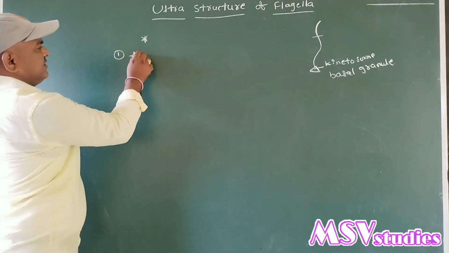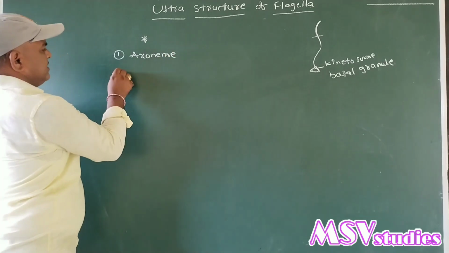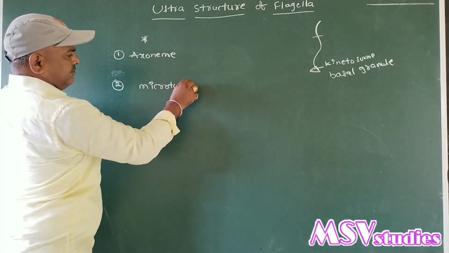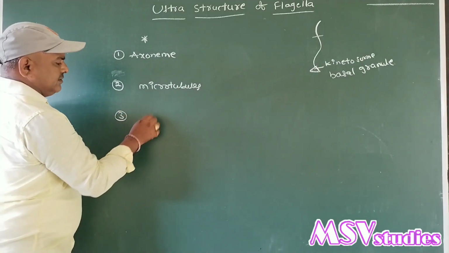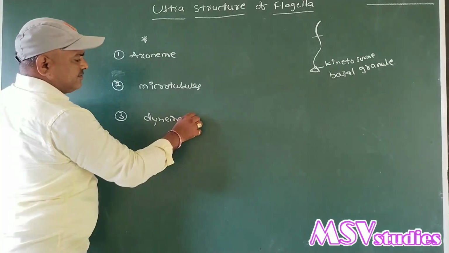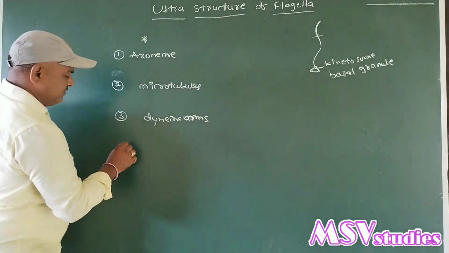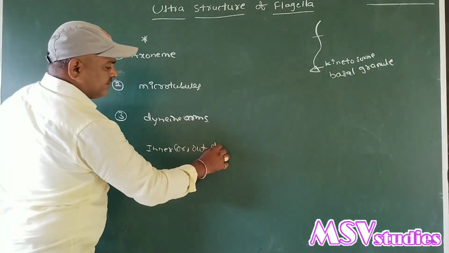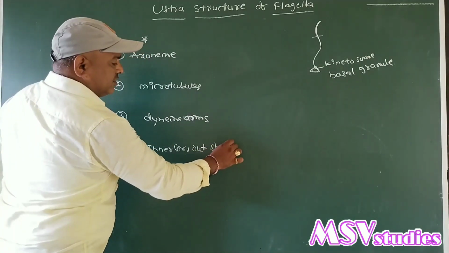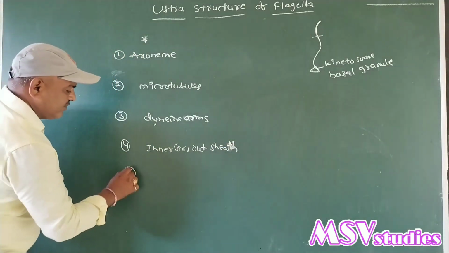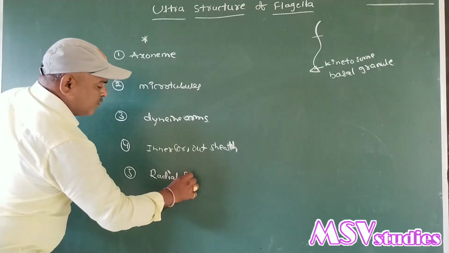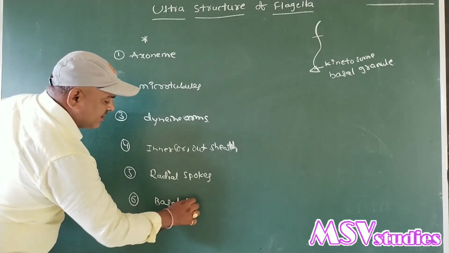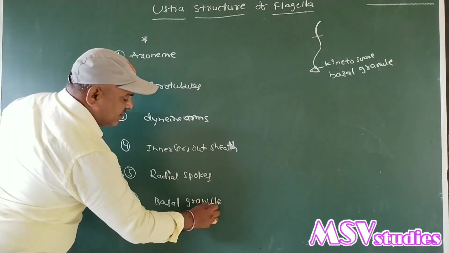They are axoneme, second one microtubules, third one dynein arms, fourth one inner and outer sheath, fifth one radial spokes, and last one basal body, basal granulae.